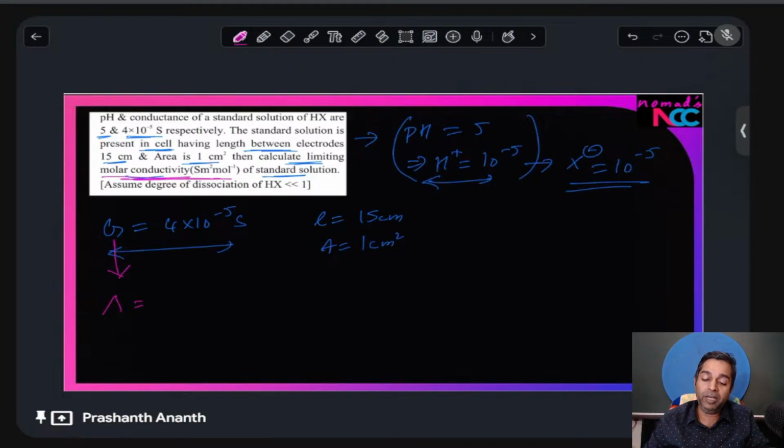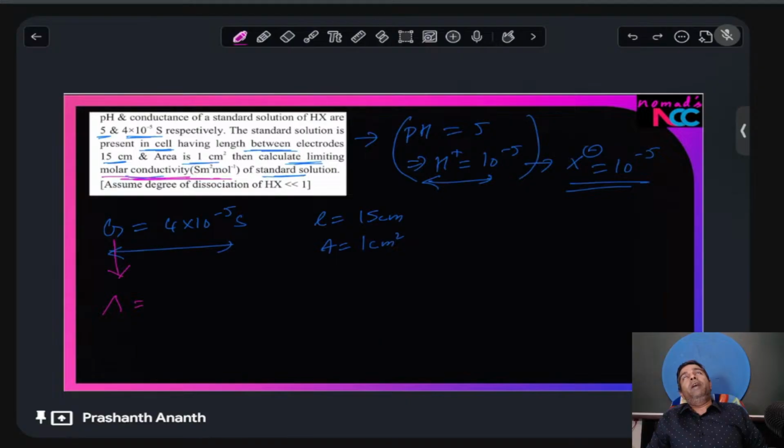Alright, if it is in limiting condition, you have to consider the full system to be present. Now, in this case though, they are asking for the standard solution only. So molar conductance is effectively nothing but kappa. Kappa is not going to be meaningful here. So let's see.